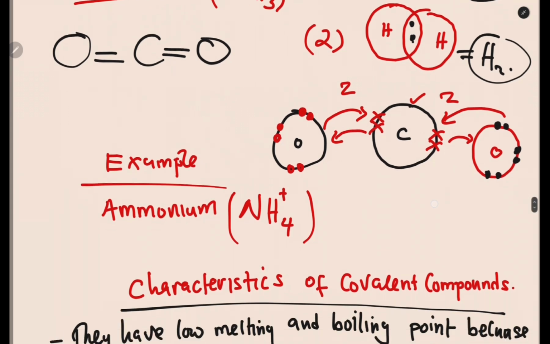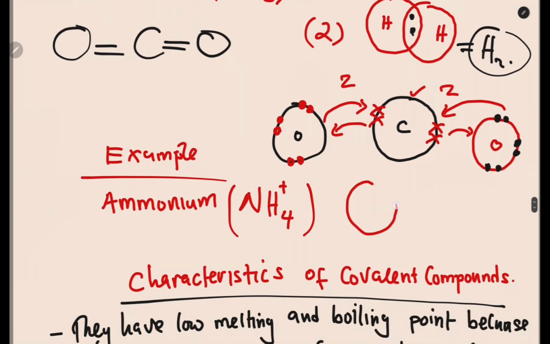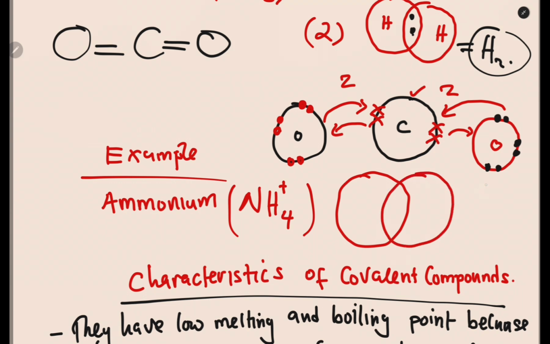I guess you get the idea. So it is going to be like this. Let me just try to draw a bit bigger diagram. Here, this is the oxygen, this is oxygen, this is carbon.